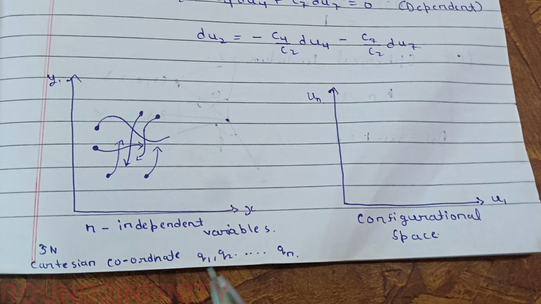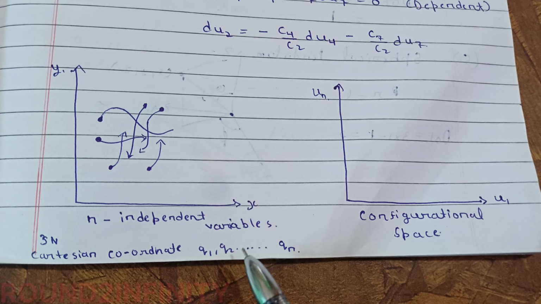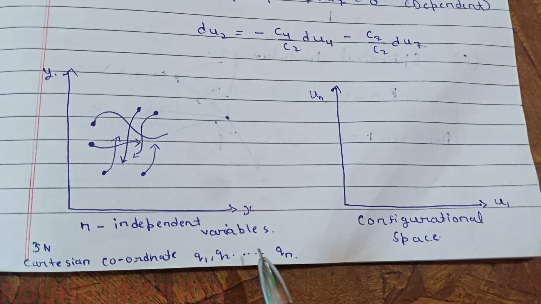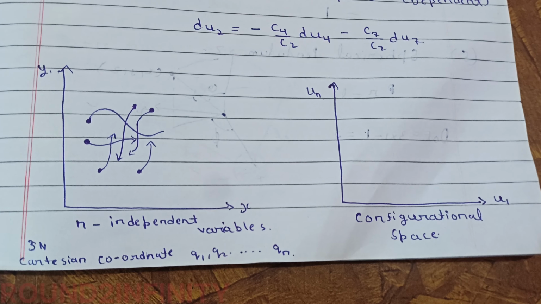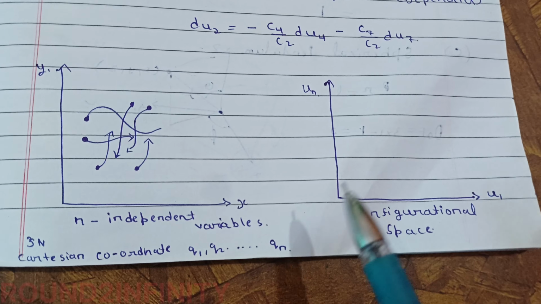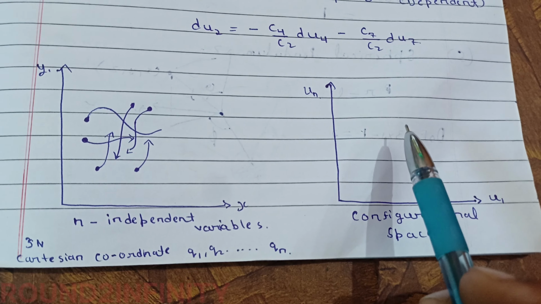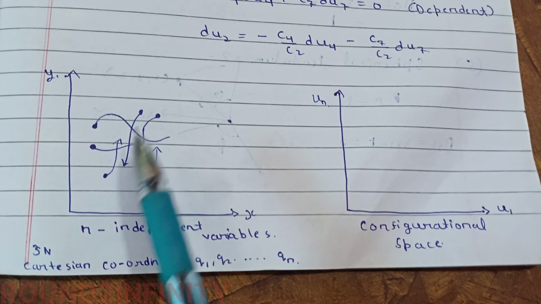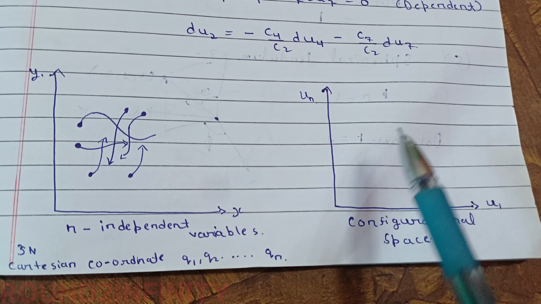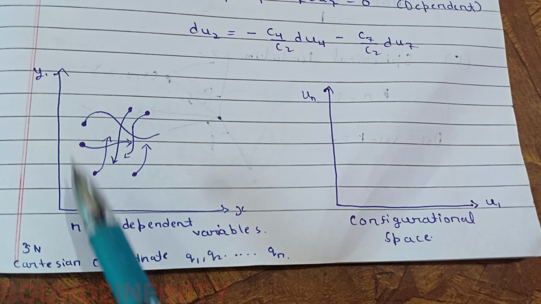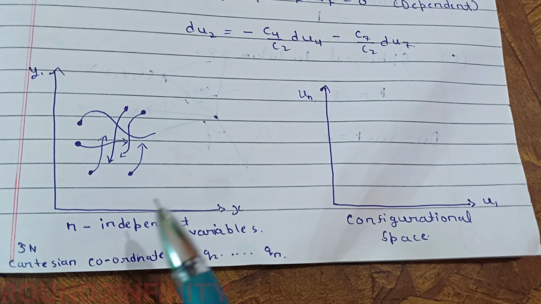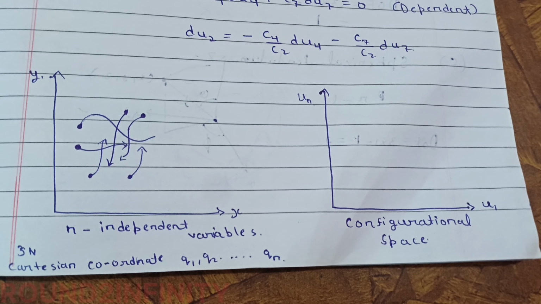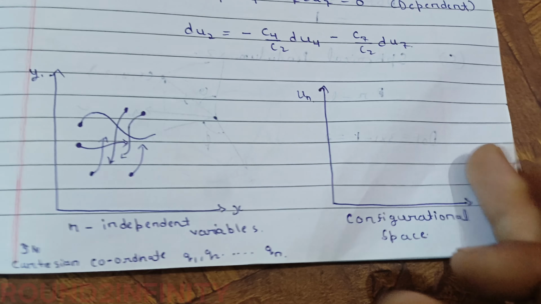The independent variables will be q1, q2, up to qn. So these independent variables can be represented in an n-axis system, and any single point can represent all these coordinates. Now we don't need this massive system, only a single point can represent all this motion. So n particles can be represented by a single point in the configuration space.